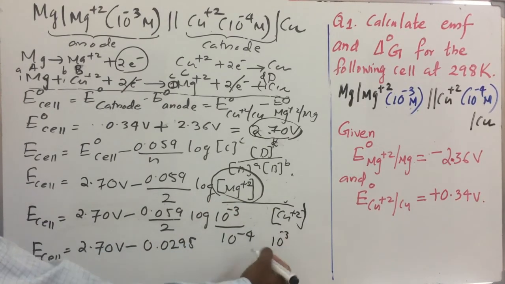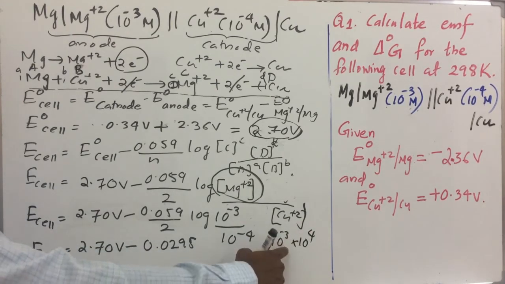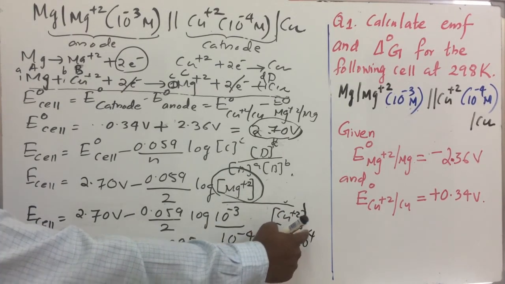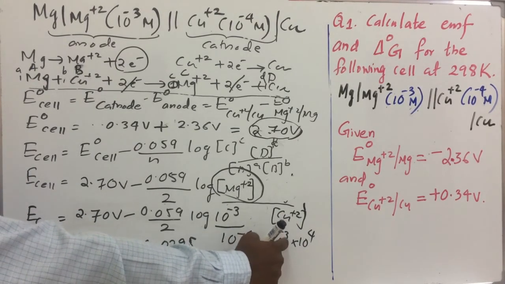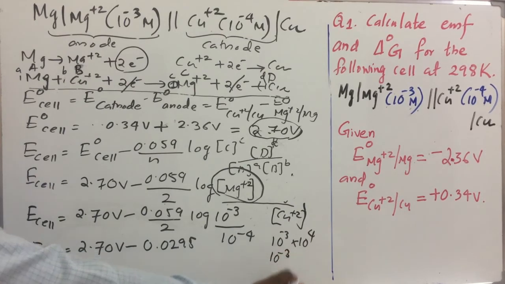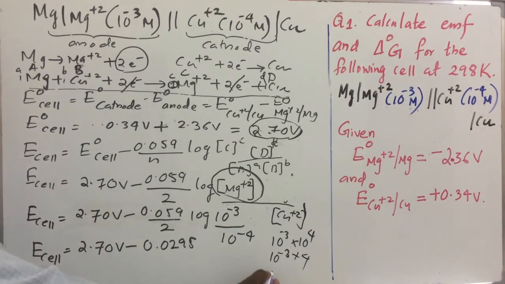That becomes 10 raised to minus 3 plus 4, which is equal to 10 raised to 1.